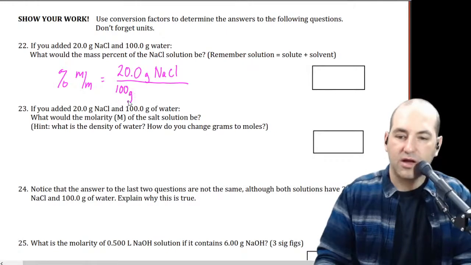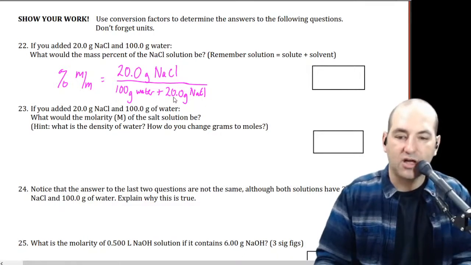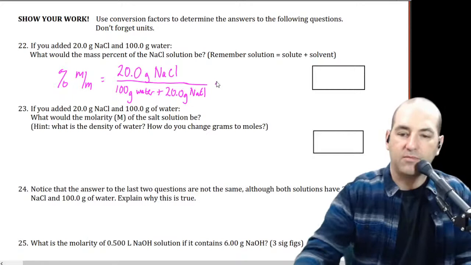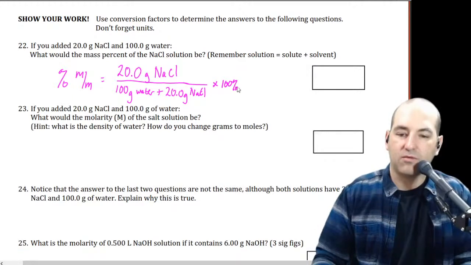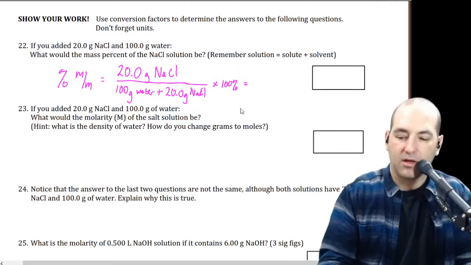So 100 grams of water plus those 20 grams of NaCl, right? So the total mass of the solution goes on the bottom, not just the solvent. And then because we want to make that into a percent, we multiply by 100%.